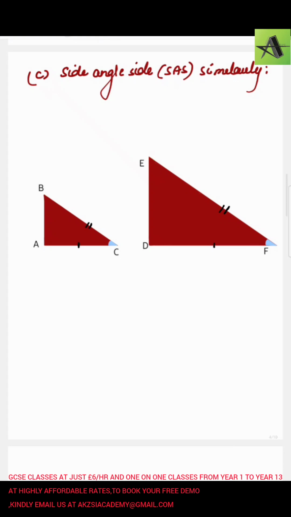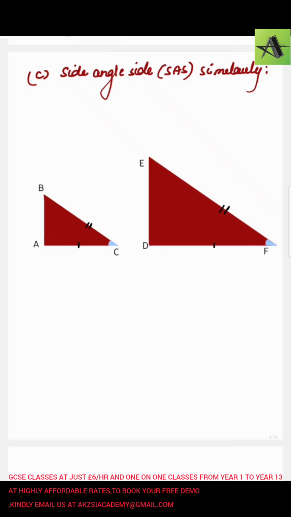Suppose in two triangles, not all the corresponding angles are given, just one corresponding angle is given and they are equal. But here the sides are there. You can see the sides have taken the space here in this case. So if sides are in proportion, not equal, they have to be in proportion, then we can prove that they are similar.